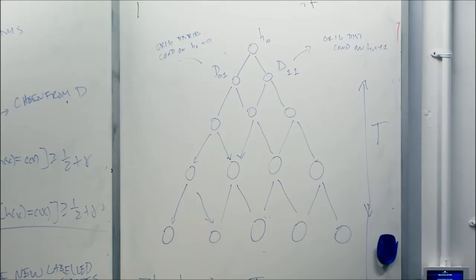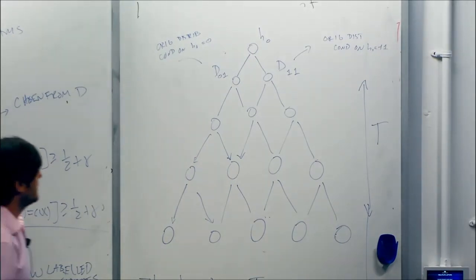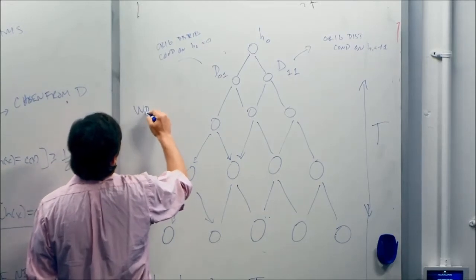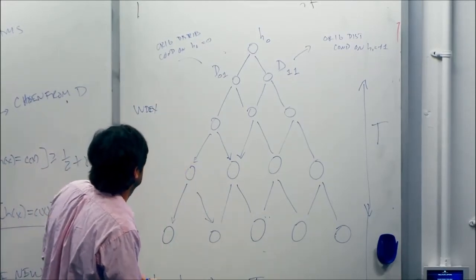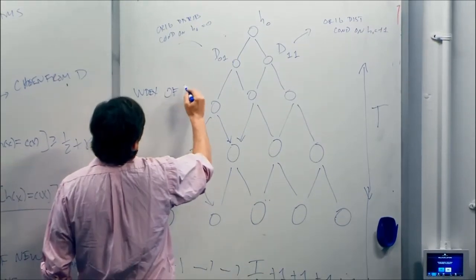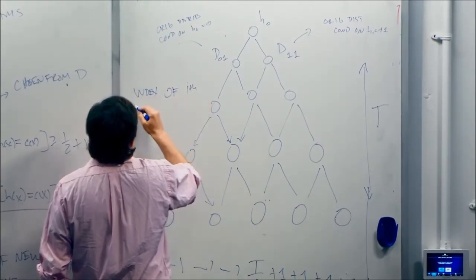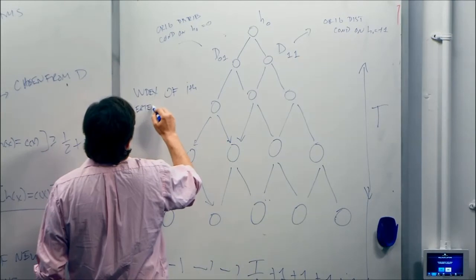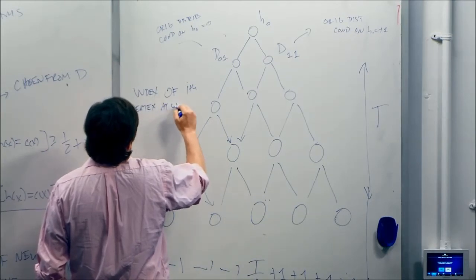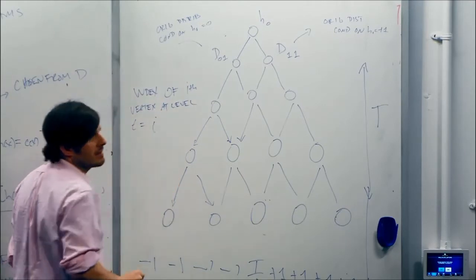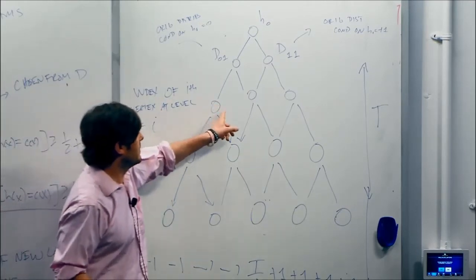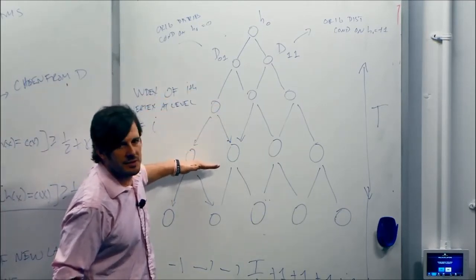What does the indexing mean? The index of the ith vertex at level t is i. So you go down to level little t.